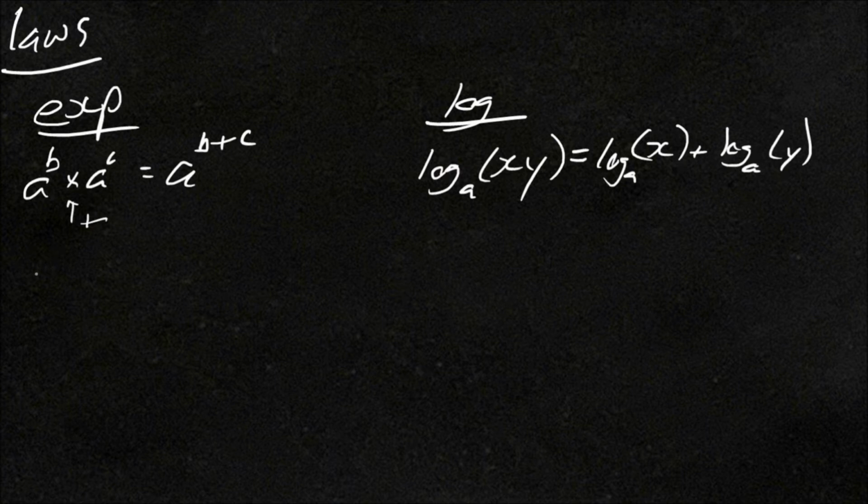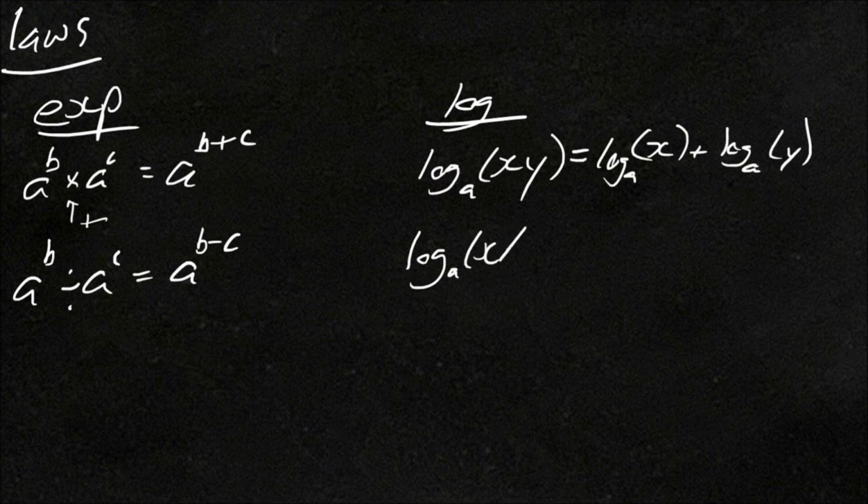And similarly, if we had a to the b divided by a to the c, this would be a to the b minus c. Or for logarithms, if we had log a of x over y, this would be log a x minus log a y.